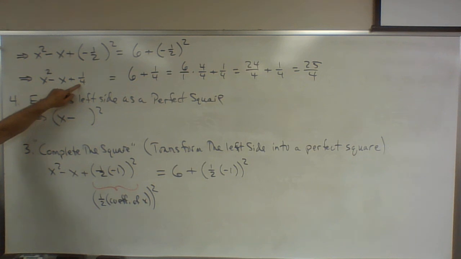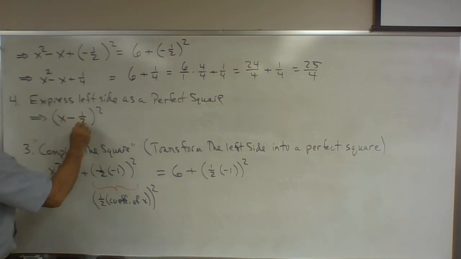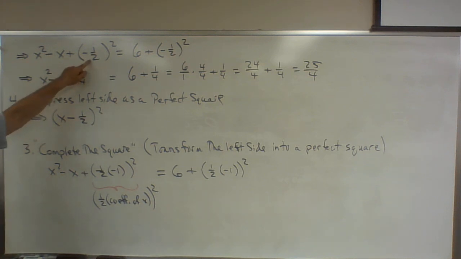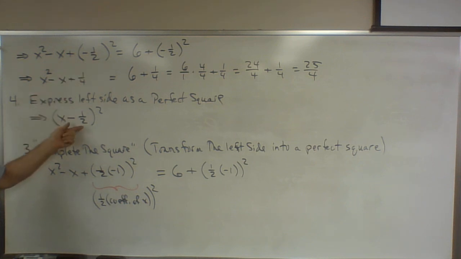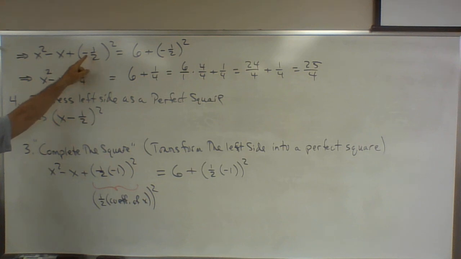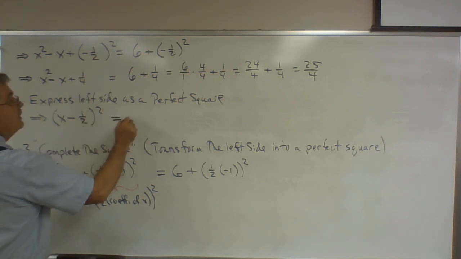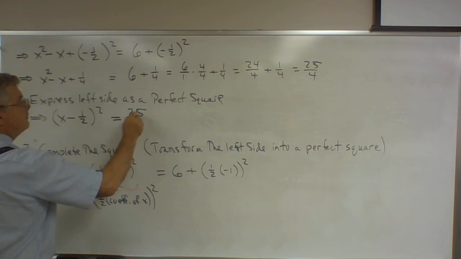And we're going to do the square root of this thing, which is 1/2. I might also add that whatever number we actually end up squaring is the number that goes here. So if we see a negative 1/2 here, we have a negative 1/2 here. That's another way of looking at it. And on the right, we have 25/4.